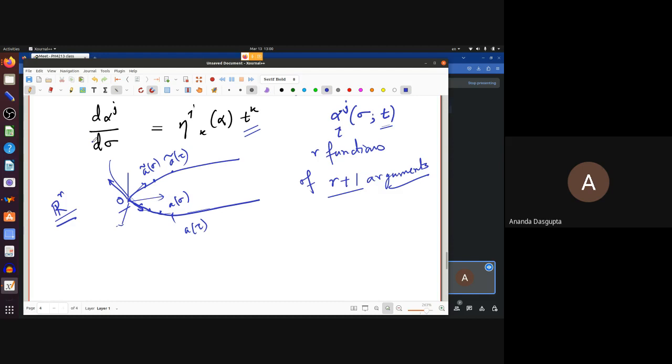Although there's one thing which is slightly subtle. Suppose I took, instead of this T, I took another T which is only half as long. Instead of the TKs, I took TKs which were half. Will you really get a different one parameter subgroup?